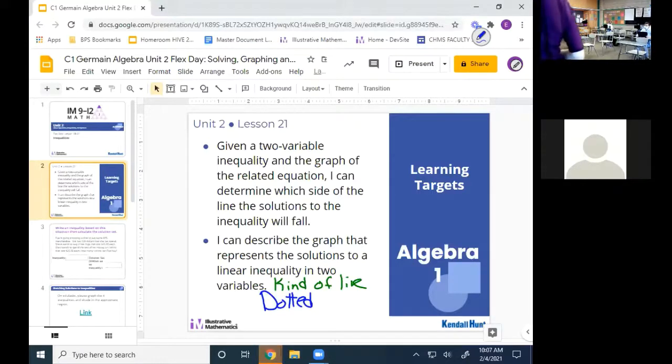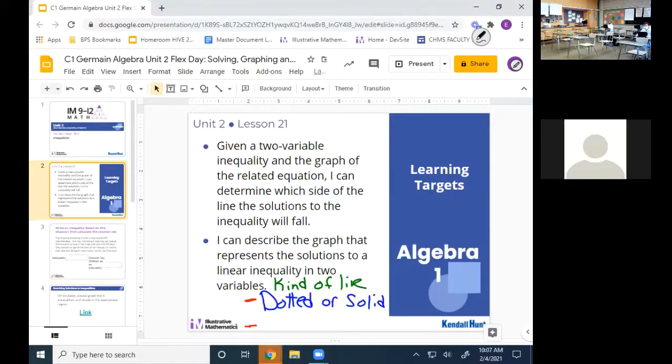Or a solid line. Good job, Gabe. That is the first piece you talk about when you're graphing an inequality: dotted or solid line.